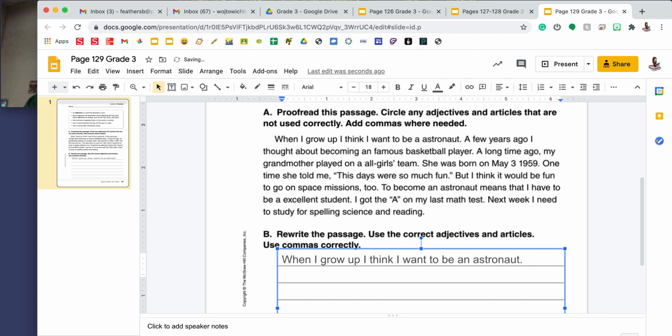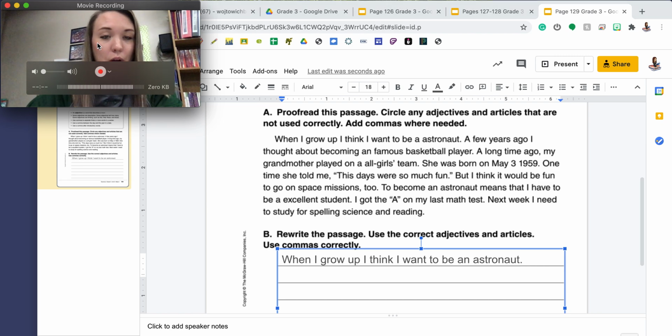You will finish going through this paragraph, fixing mistakes. I will tell you there are 1, 2, 3, 4, 5, 6, 7, 8, 9 more mistakes. So put on those detective glasses and try to find the rest.